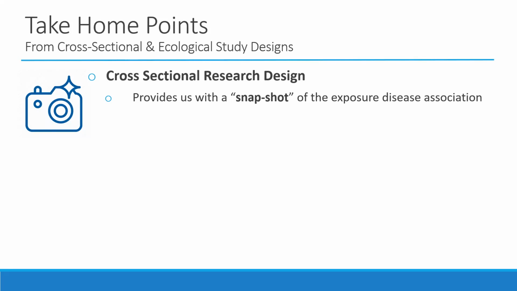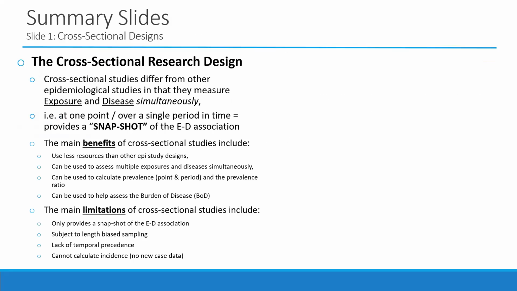You have this issue of length time bias, where you're less likely to catch more severe cases. You cannot easily establish a temporal association because you're measuring both exposure and outcome at one point in time. But it uses fewer resources than other designs, and you can test a lot of different hypotheses at the same time.